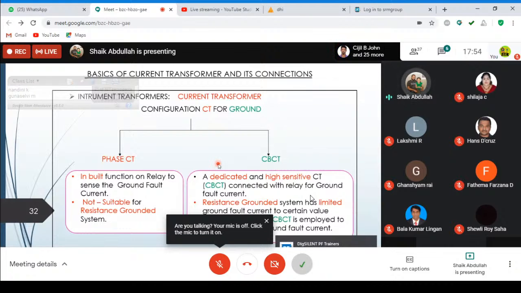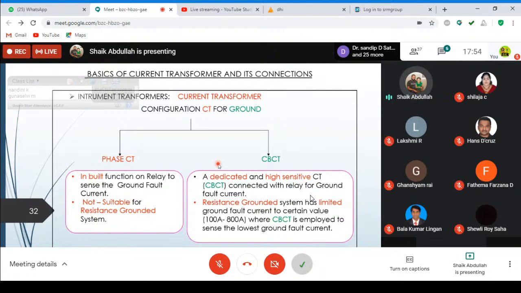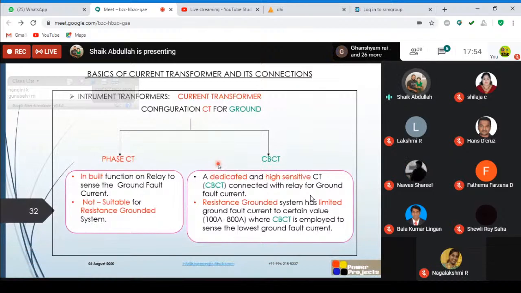I work with ANSI standards widely in Saudi Arabia, so that's why I say this is the same standard which I saw practically there. 4.16 kV, 6.6 kV and 13.8 kV are widely used as medium voltage levels for the distribution level. At that level, we are using medium voltage motors.